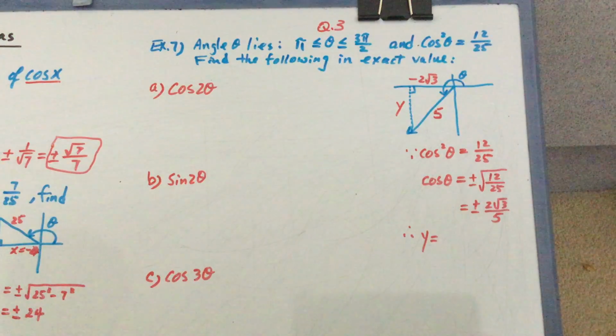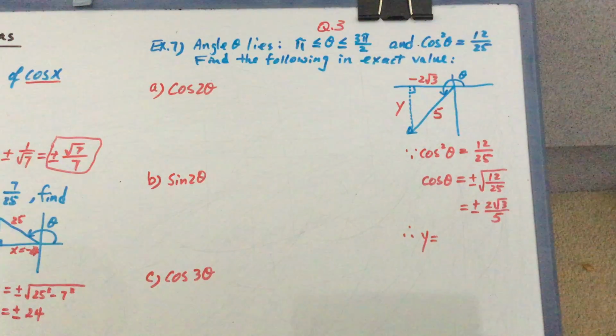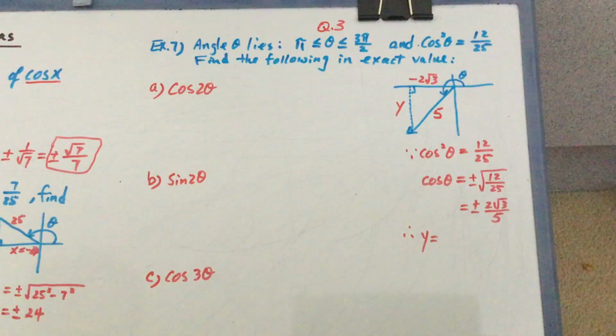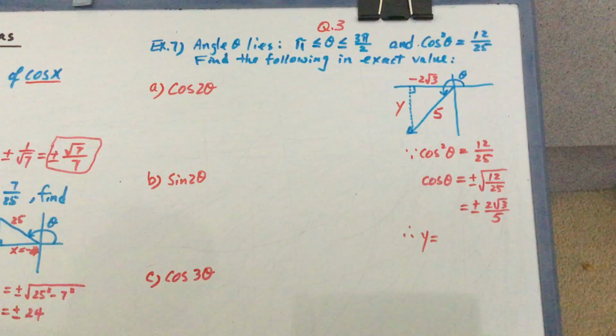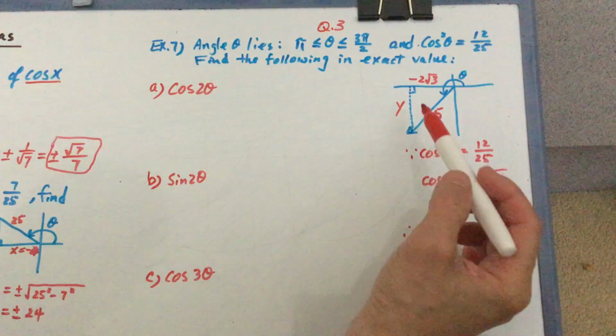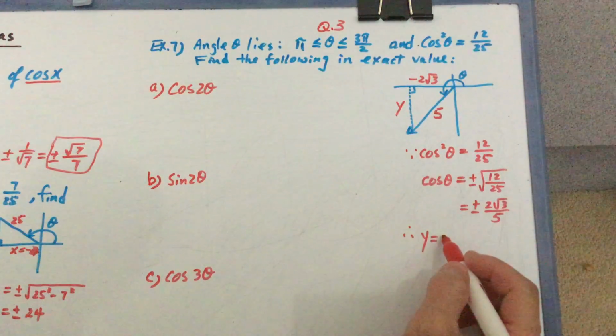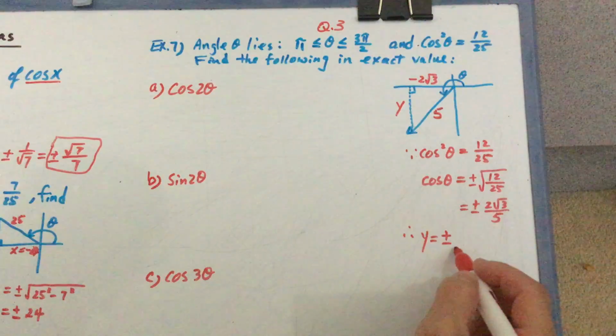The only length that is missing then has to be the y length. It's very important that we do everything ahead of time so that we have everything we need when we are doing the question. So let's also find out what the y length here is.